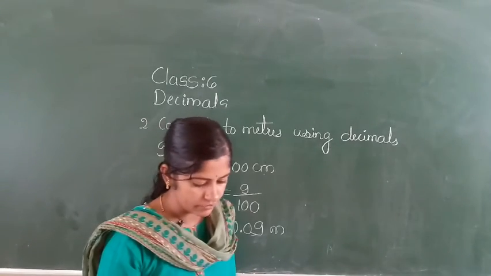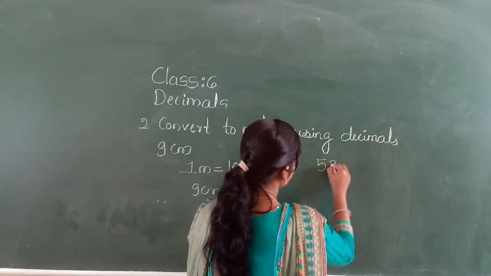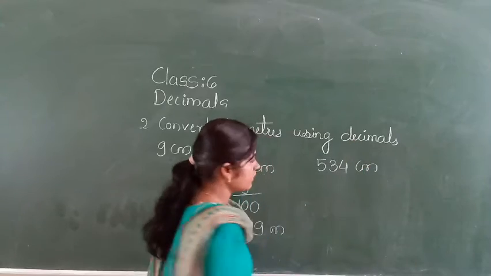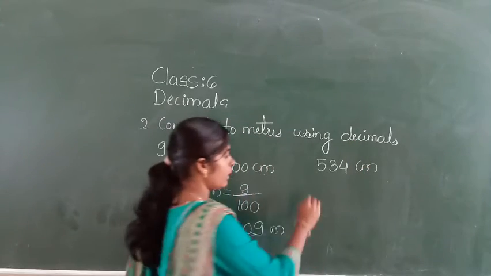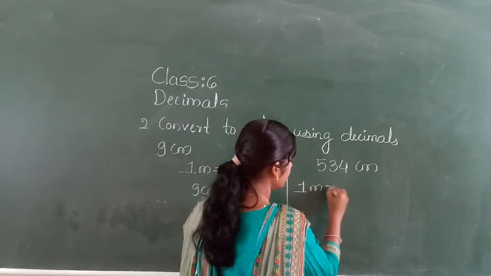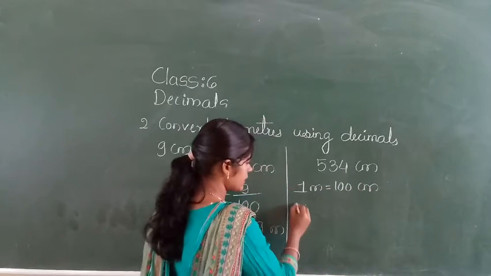Next, here I will take one more example. 534 centimeter. So already you know 1 meter is equal to 100 centimeter.